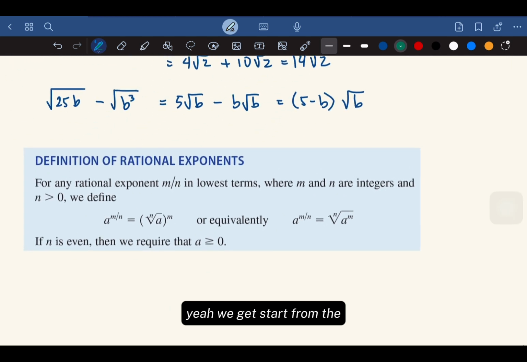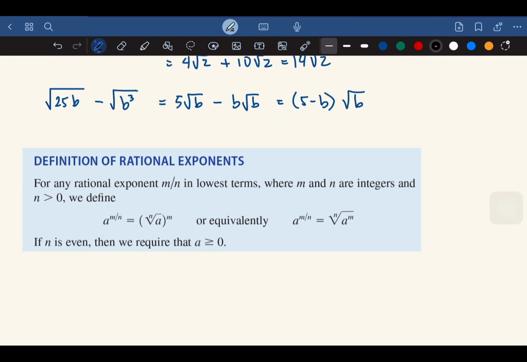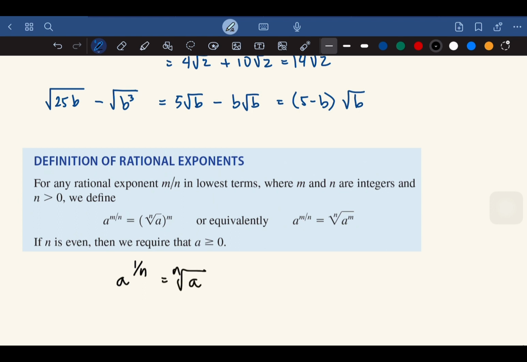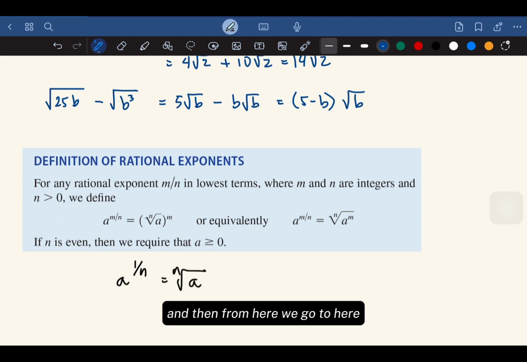Yeah, we can start from a with power of 1 over n, which is the root, and then from here we go to here.